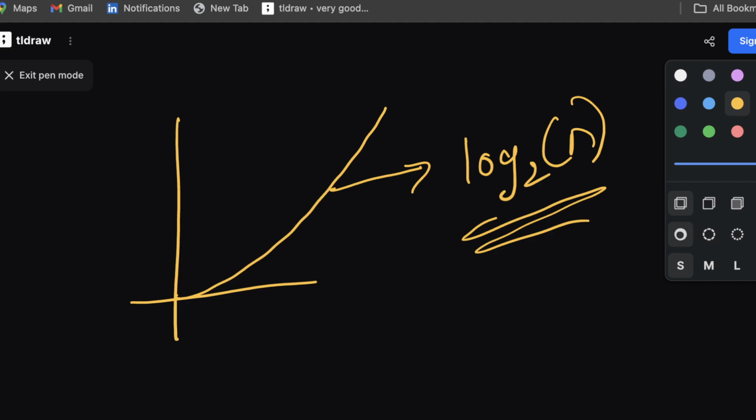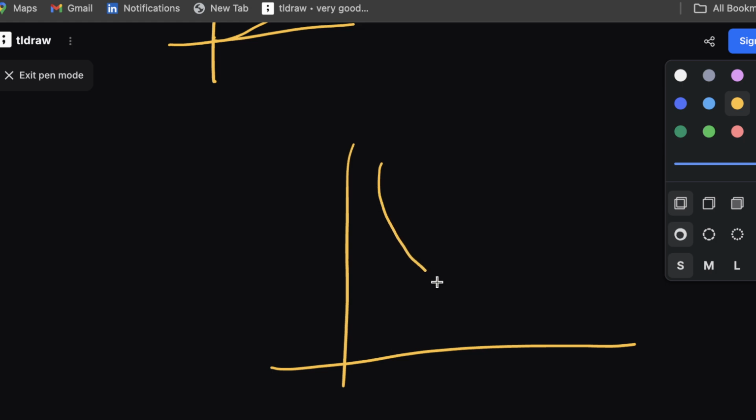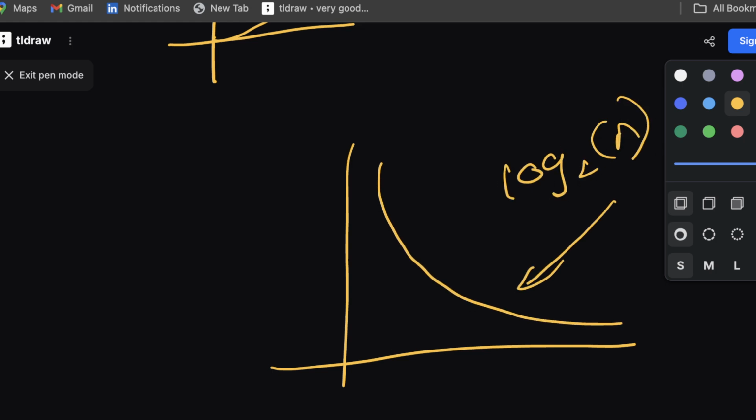And if it's a decrease, so it's going to be this. So even this is a decrease by log 2. Oh, that is an increase, this is a decrease. Okay, yeah, I guess that is all.